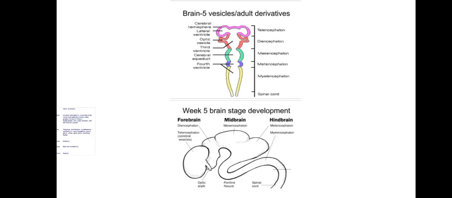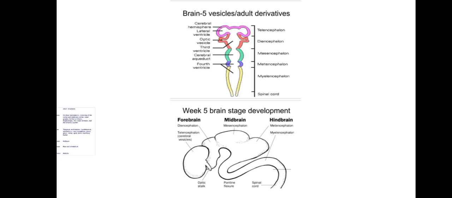Now, this whole process we've been talking about is called the vesiculation process. Now, this is the simple table which shows those divisions.